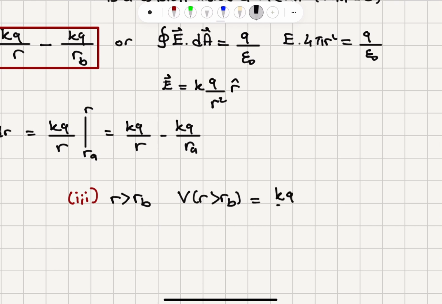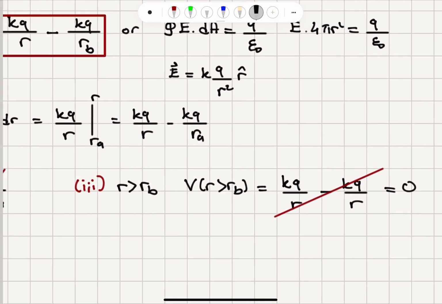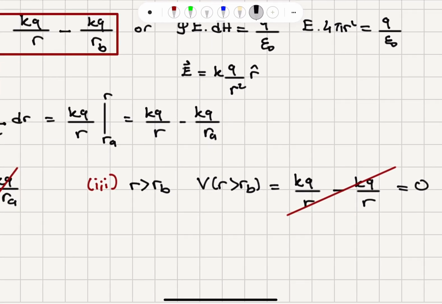It is KQ over R. And for the spherical shell, it is minus KQ over R. So these basically cancel out, giving me an answer 0. So I find that the potential should be equal to 0.